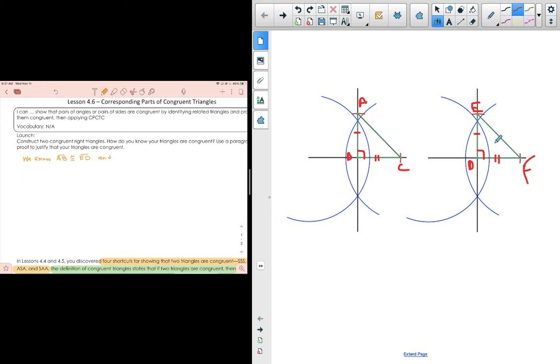And we also know that BC is congruent to DF. And since both ED and AB are constructed on perpendicular bisectors, we know that angle B is congruent to angle D, since both segments are perpendicular.